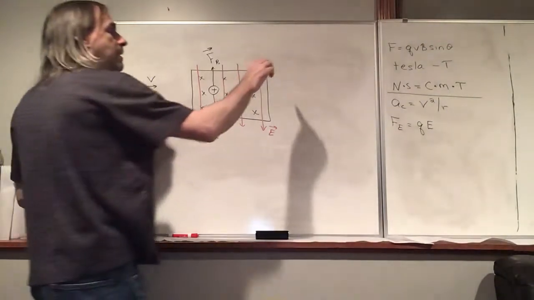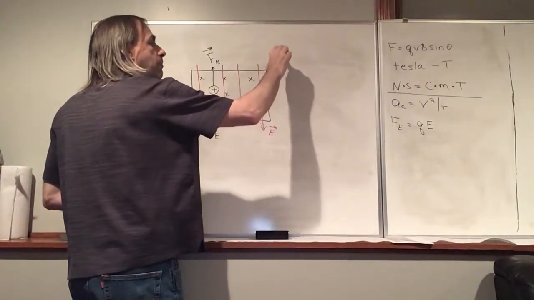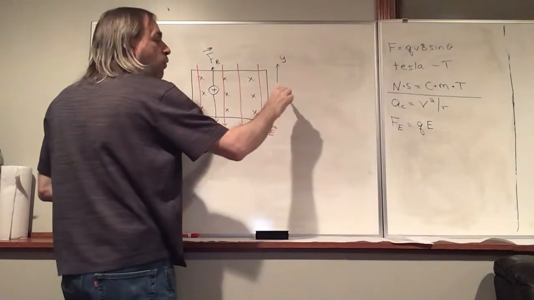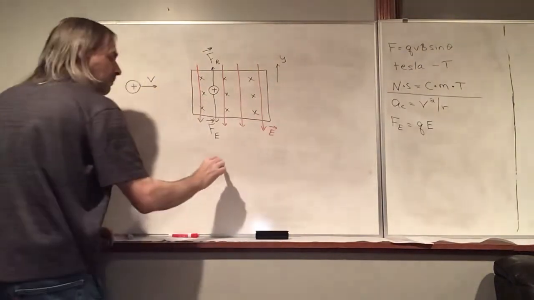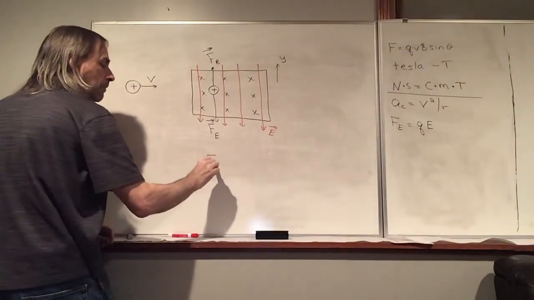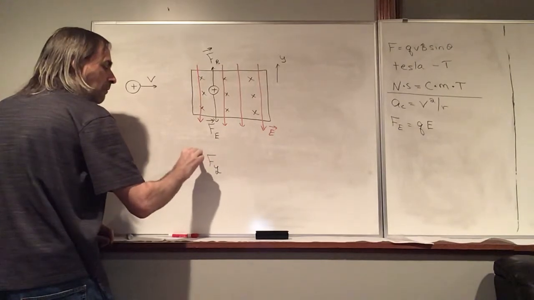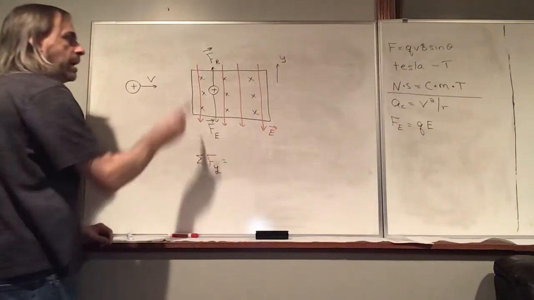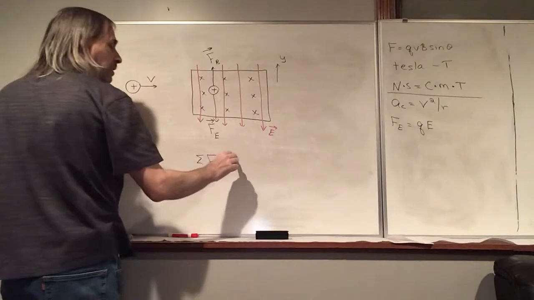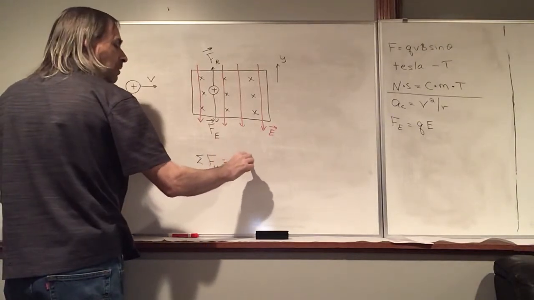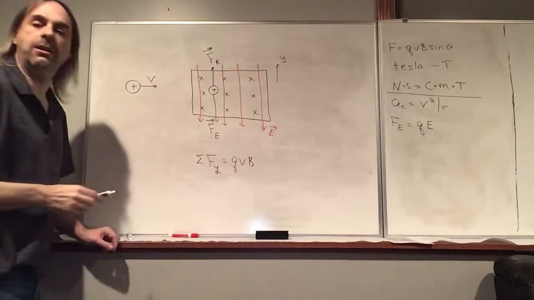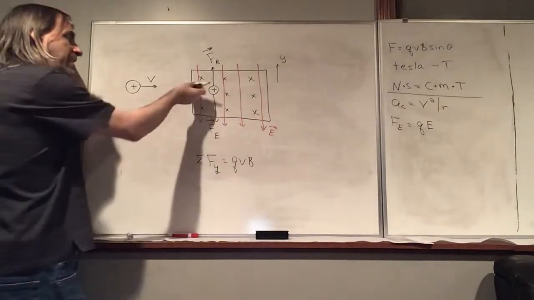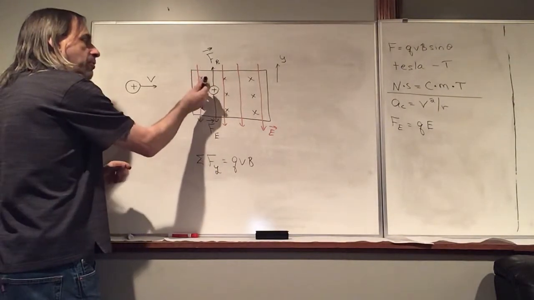Let's say this is our positive y direction. The net force in the y direction, we'd have the magnetic force, which is QVB. I didn't write sine of theta because the velocity and the magnetic field are perpendicular to each other.